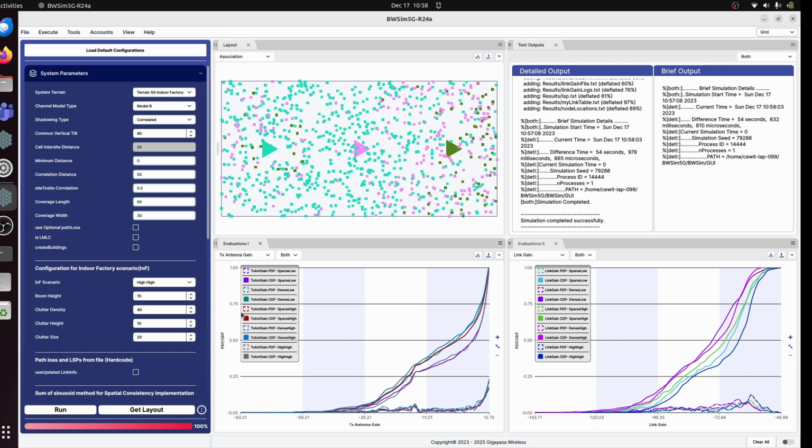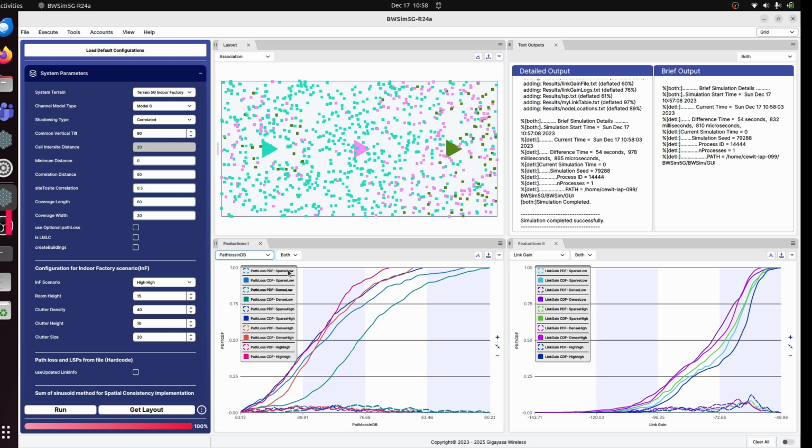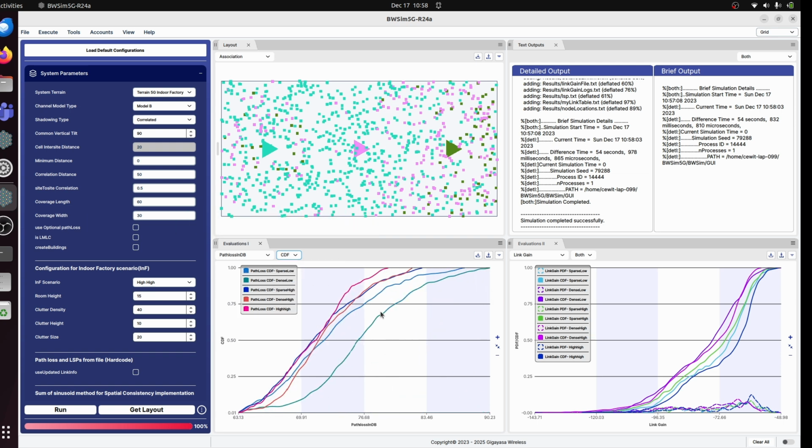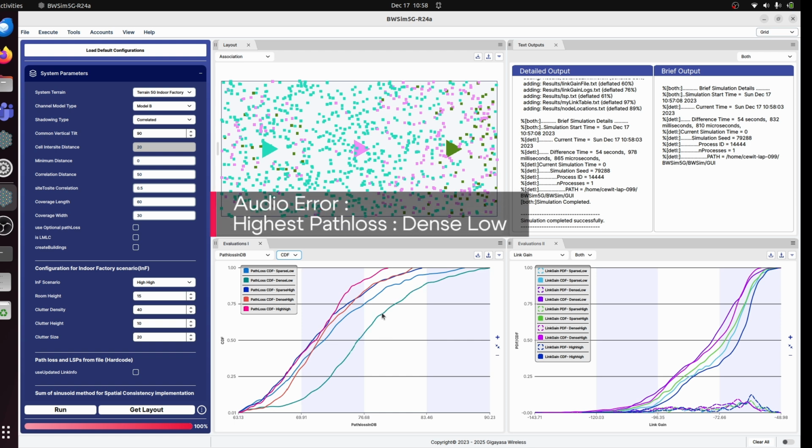Now let us take a look into the parameter in question, which is path loss in dB. So let us filter out the CDF as usual to get some conclusive inferences. And if you can see, the highest path loss is experienced by the dense low case.